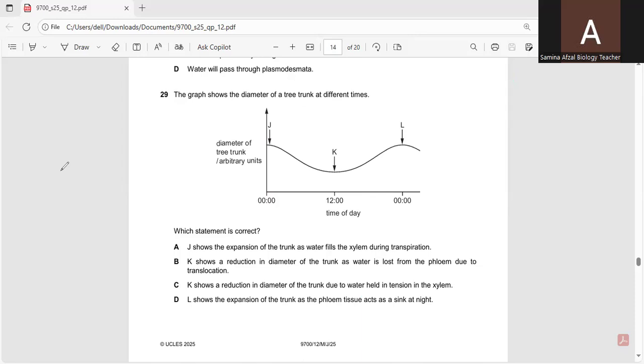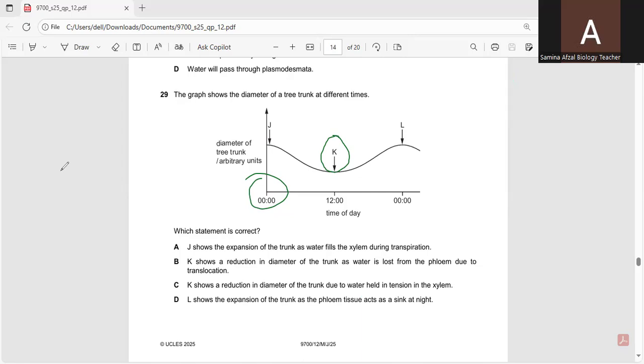So during the day, especially around noon, the diameter is high as water evaporates from the leaves, and less transpiration takes place at that time, due to which the diameter is larger. But the K point shows a reduction in the diameter, which can be due to the water loss through transpiration.